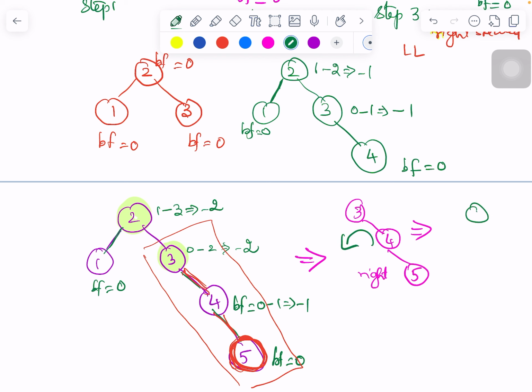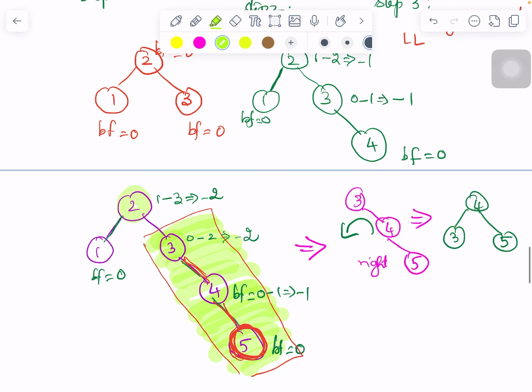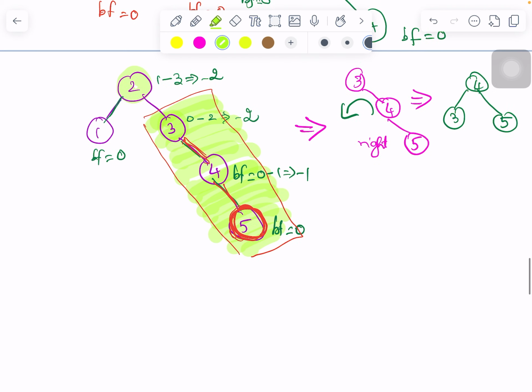So when we rotate towards the left, 3 will come down and then we'll have 5 here. Now you can replace this entire part of this tree with the rotation we have obtained now. So let us replace it.